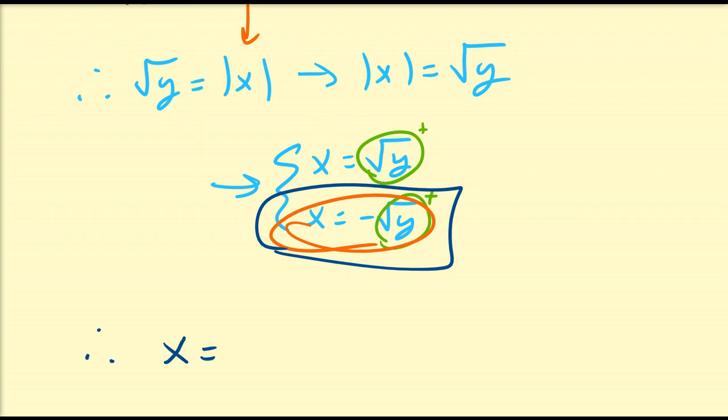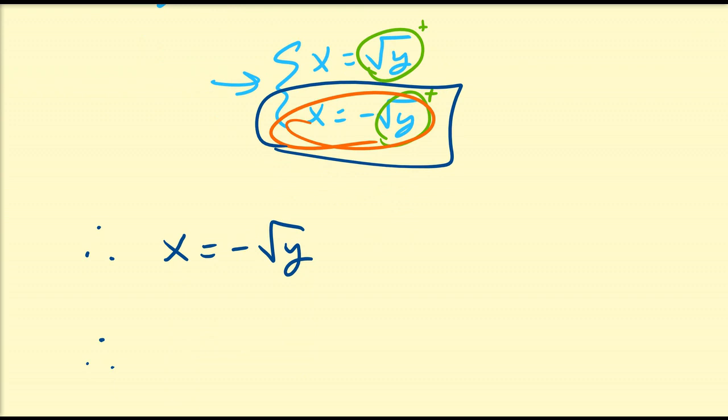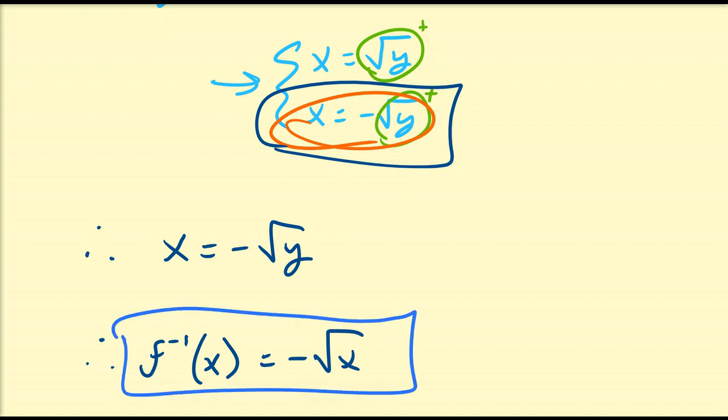So that means x is going to be equal to the negative square root of y. Now I'm just going to reverse my x's and y's since I want the functional relationship for our inverse. So that means f inverse of x is going to be equal to negative square root of x. So this is the inverse of f of x is equal to x squared for x less than 0.